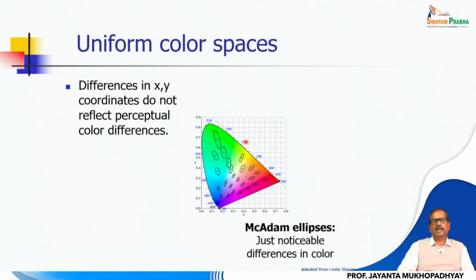Now, this is about the representation of color as far as our perceptual components are concerned. But there are certain things in this XY space which are missing here.